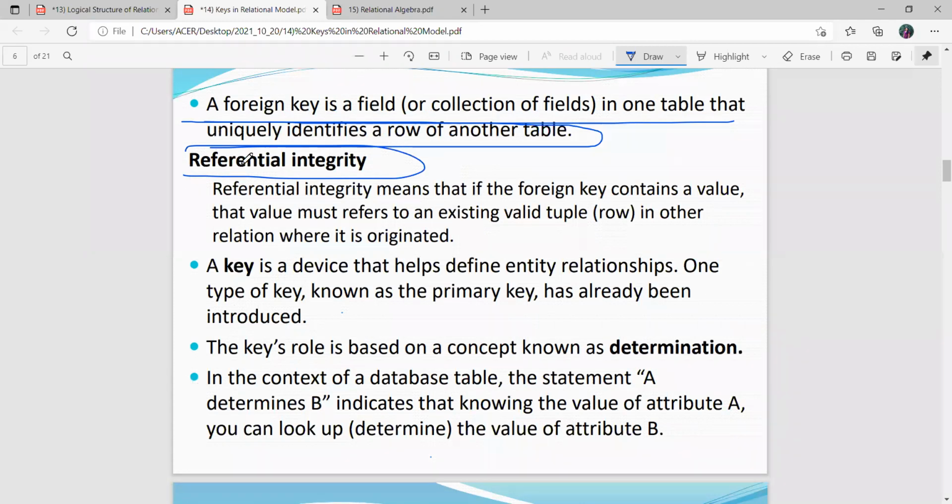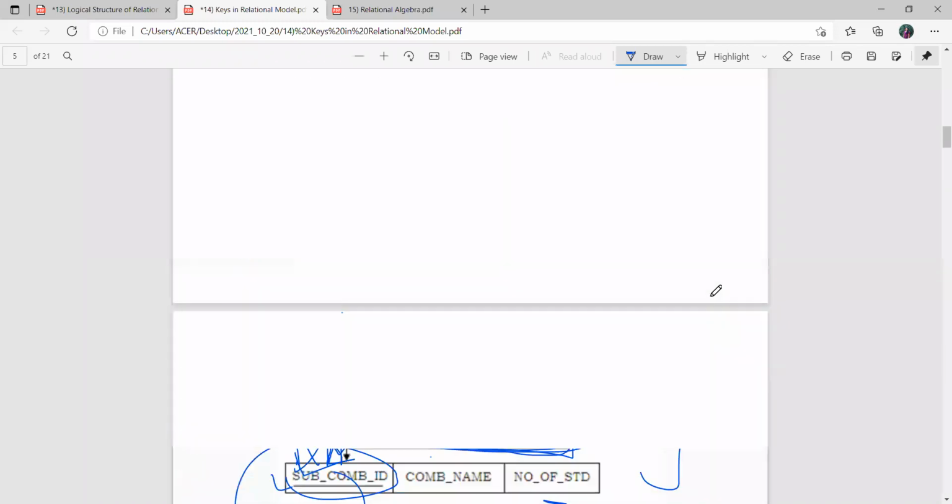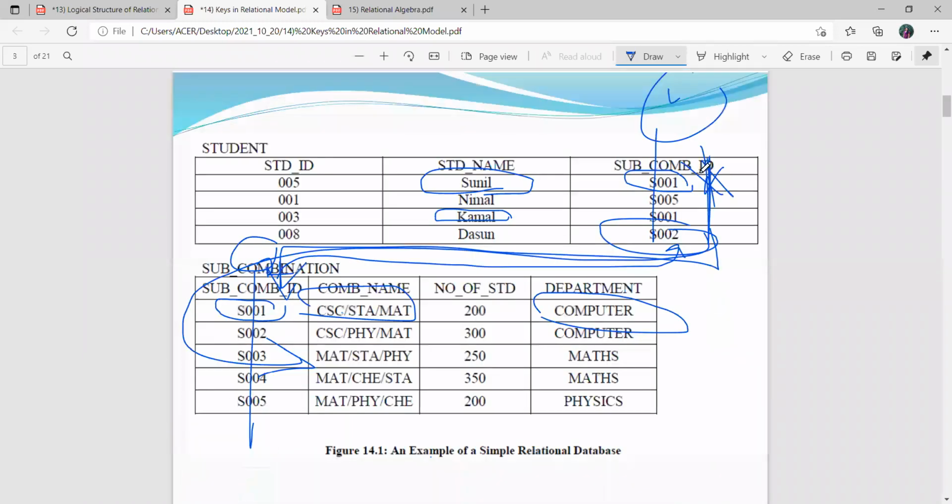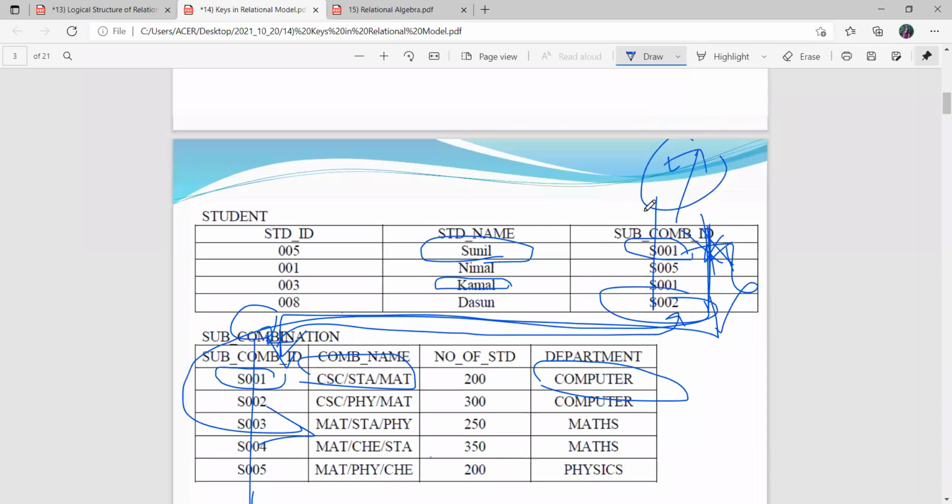Referential integrity means that if the foreign key contains a value, that value must refer to an existing valid tuple or row in the relation where it originated.